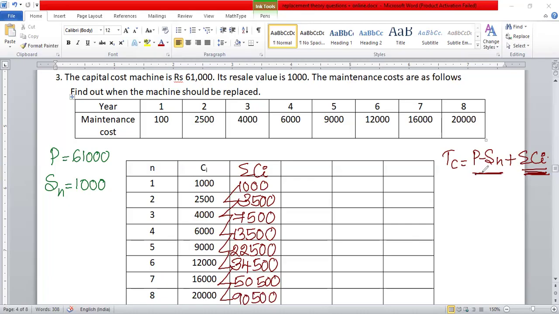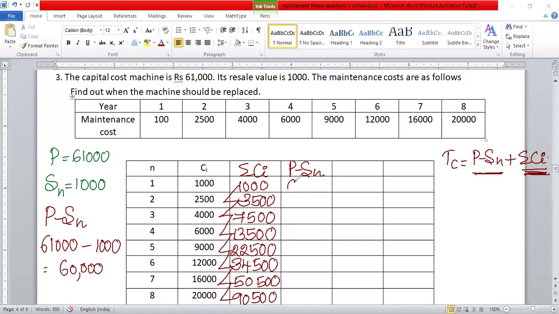Second one, P minus S of N. P is a single value, S of N is also a single value, so we need to subtract P minus S of N. 61,000 minus 1,000, so finally we'll get 60,000.